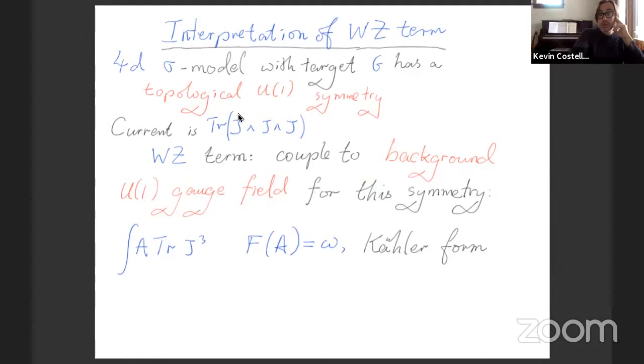All we're doing, with this funny WZ term, is coupling to a background gauge field for this symmetry, because we can rewrite it as a 4-dimensional integral where I have a U(1) gauge field A whose curvature is the Kähler form. This expression, by integration by parts, is equivalent to the expression I wrote previously. From that point of view, it looks a little less weird if you write it like this. We just have a background U(1) gauge field for this funny symmetry.